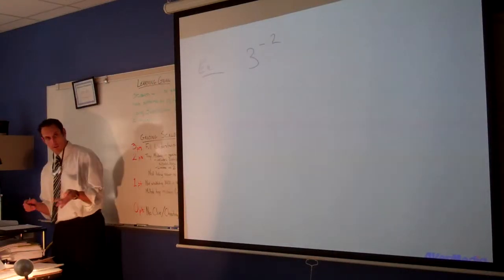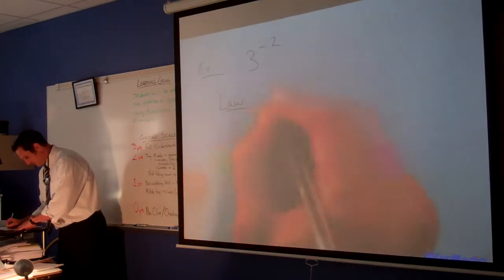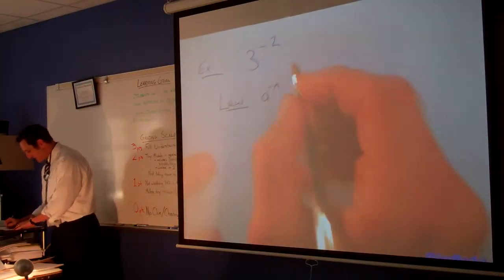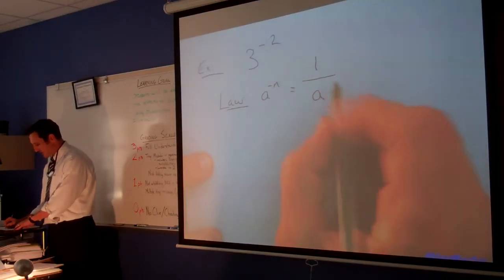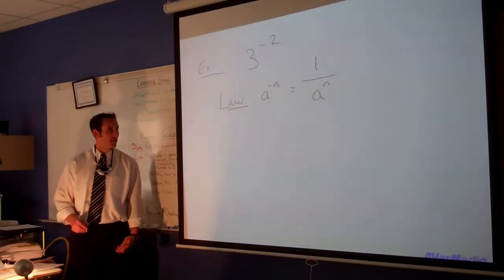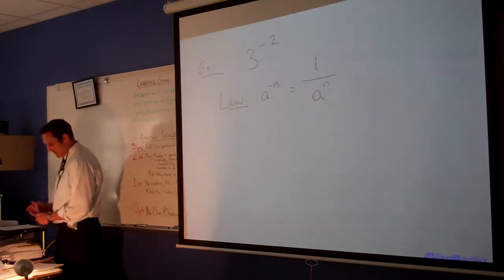We recall the law that we just used. In this case, the law states that anything to the negative power means we're going to move that term to the bottom of a fraction and make the power positive. We're going to move that term to the bottom of an expression and make that power positive.